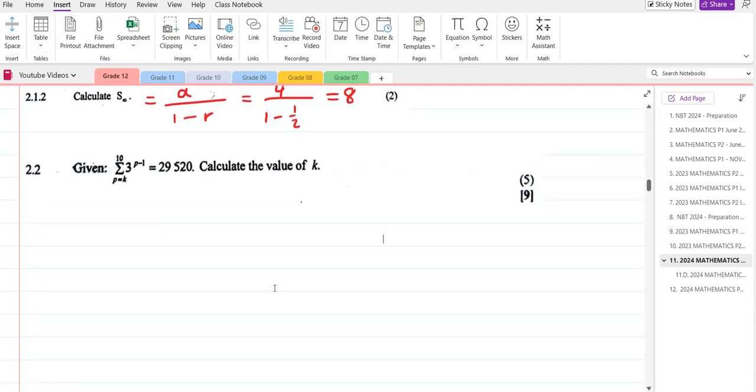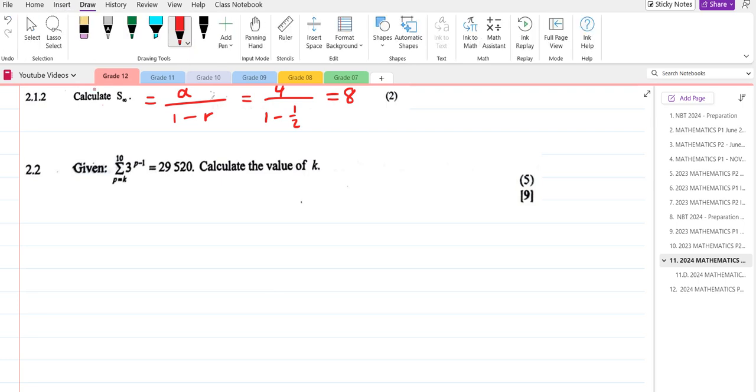Let's solve this by opening up the terms. Right, so what's the first term? Remember, we have to open this up. So 3 to the power k minus 1, that's the first value. 3 to the power k minus 1 plus, sigma means plus. Move on to the next value of p, which is k plus 1.